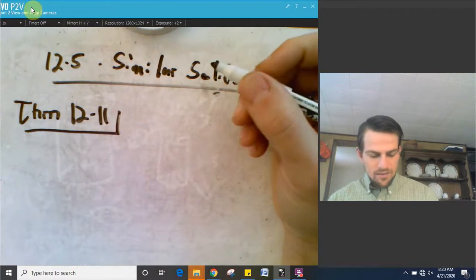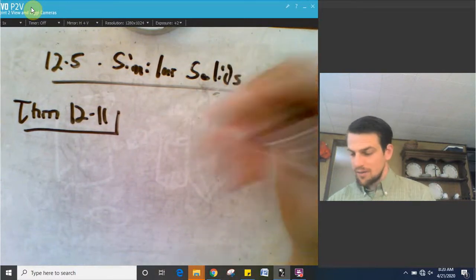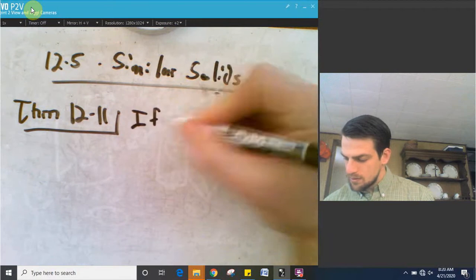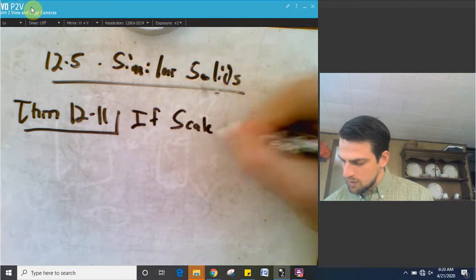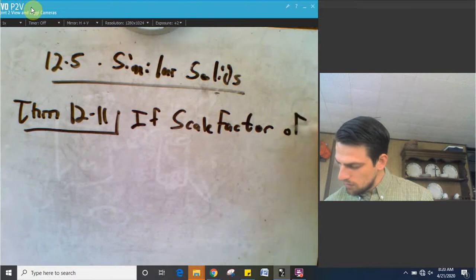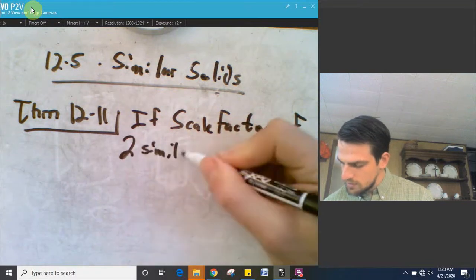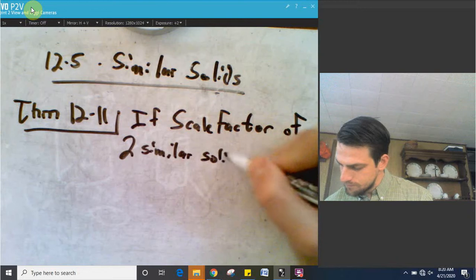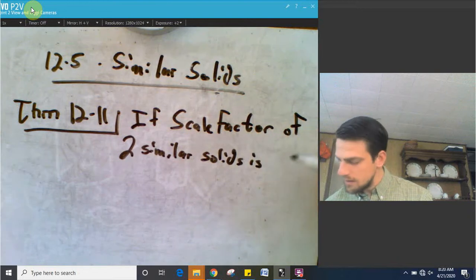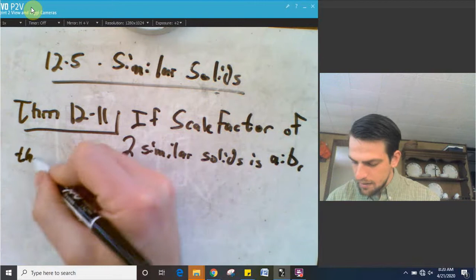So basically, if the scale factor of two similar solids is a to b, then we're going to have three things that follow. So if the scale factor of two similar solids is a to b, then, and we have three parts.